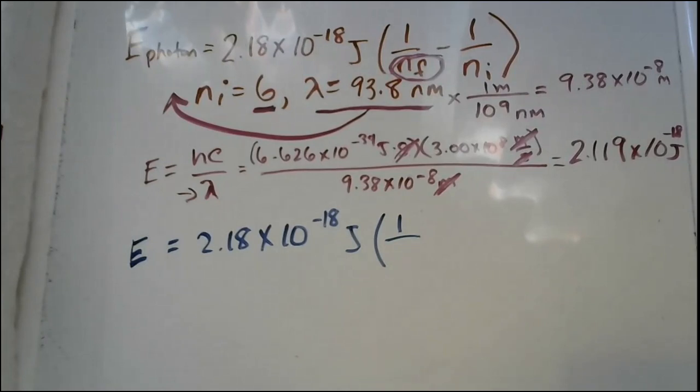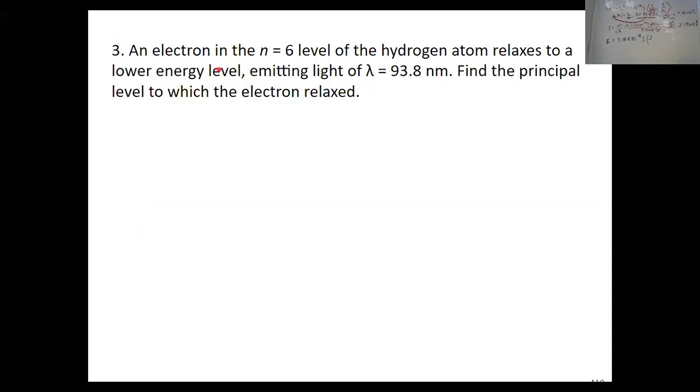Let me switch back before I go any further so we can reason some of this out. Let's share the screen again. An electron in the n equals 6 level of the hydrogen atom relaxes to a lower energy level. That means that the electron is going to be releasing energy. You got to keep that in mind when we're looking at the signs here.